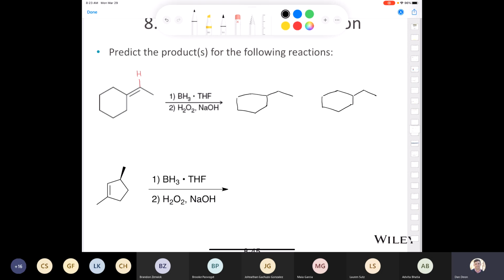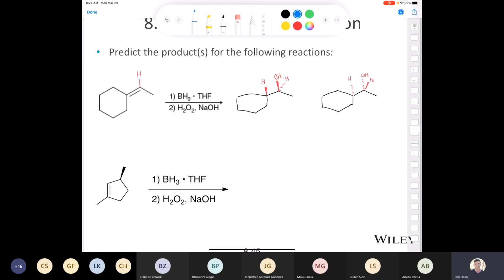Let's say you added the hydrogen and the hydroxyl on the same face of the molecule and they were both pointing up. Then you'd have the hydrogen coming up like this, and the hydroxyl coming up like that, and there's a hydrogen going in the back. What if they were both going down? You have the hydrogen going down and the hydroxyl going down, from the syn addition, and of course there's going to be this hydrogen here. How many stereocenters are there in these molecules?